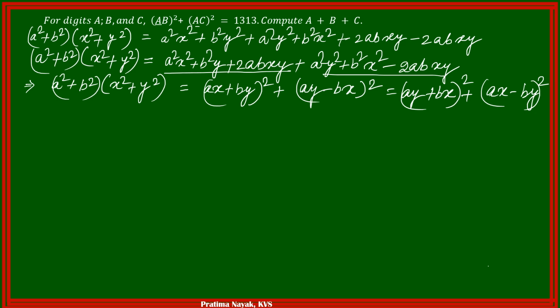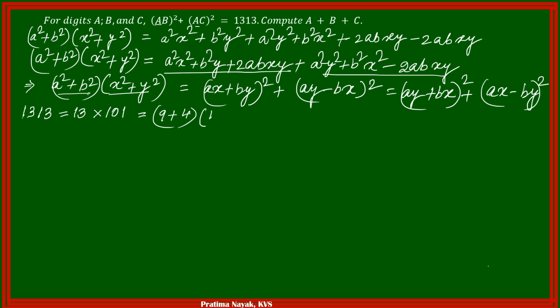So next is 1313. I'll write it in product form. If we take the prime factorization, it will be 13 into 101. So 13 I'll write as a square plus b square. This is 9 plus 4; 9 is 3 square and 4 is 2 square.